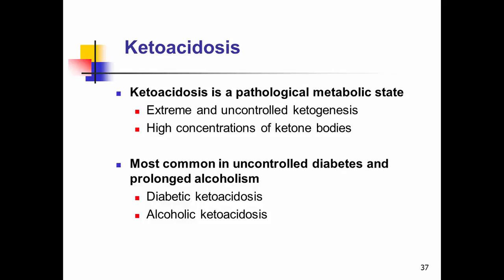Ketoacidosis is most common in uncontrolled diabetes or prolonged alcoholism, right? So we divide ketoacidosis into two categories. One is called diabetic ketoacidosis.